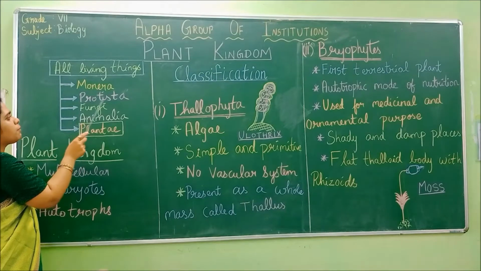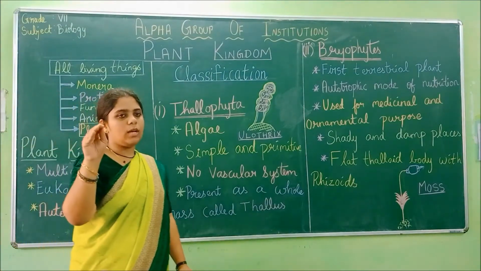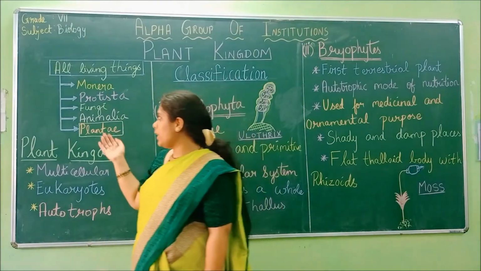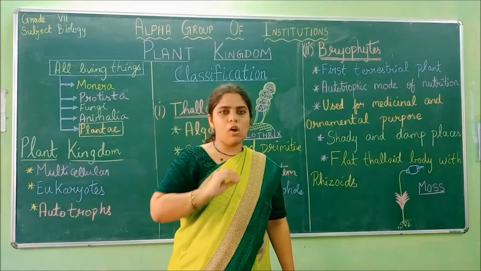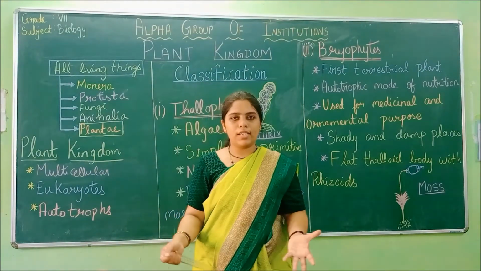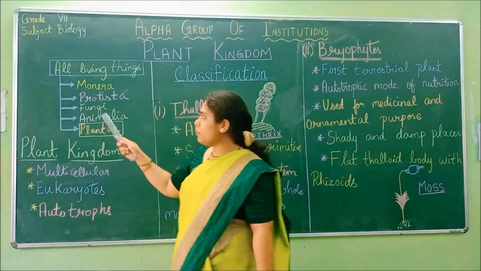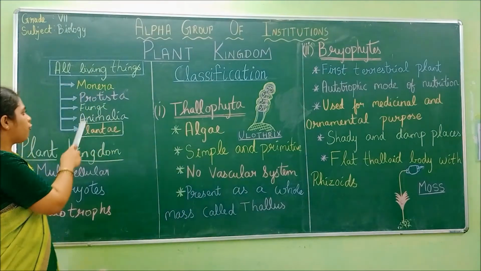Next is Protista. Protista is a little more developed one. They are the multicellular small organisms. They will have many cells, but they are micro small organisms. That is why they are put under Protista. The third is the fungi.